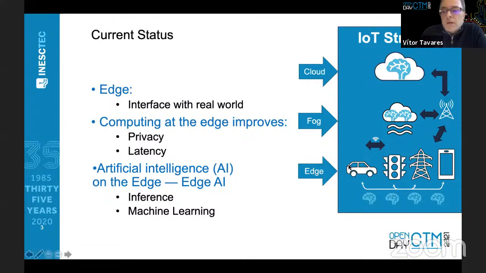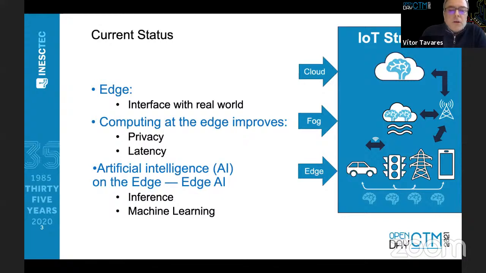And if we take the self-driving car example, we cannot wait for higher distance computing platforms to decide where the car should go. And so all that intelligence needs to come back closer to the interface with the real world, if nothing else, due to safety, as I said before.